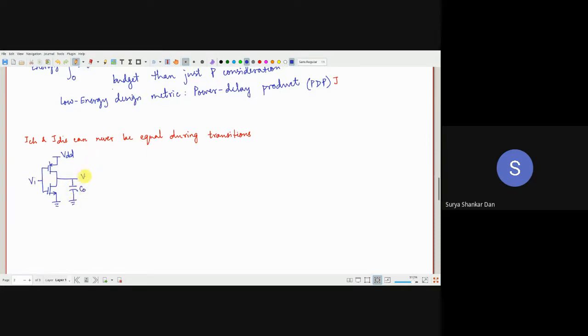During the charging phase, first of all, let us understand the VTC. When we are considering the VTC, remember I told you that there will be multiple regions, right?